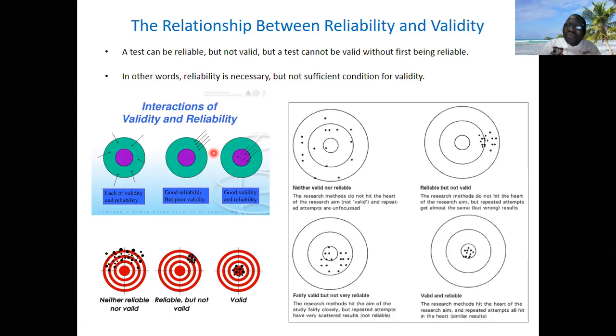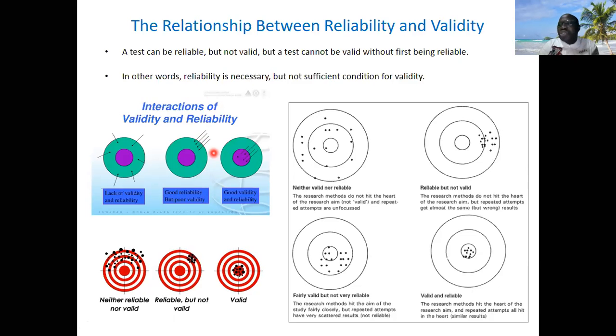Of course, it's not valid, but it's reliable in the sense that it's going towards one direction many times. It's consistent. So reliability has to do with consistency, while validity has to do with measuring what you intend to measure.